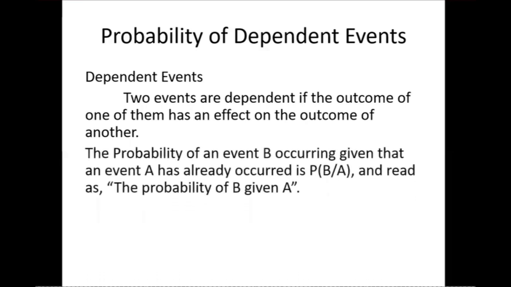The probability of an event B occurring given that an event A has already occurred is the probability of B over A, read as the probability of B given A. So this notation is read as the probability of B given A. So if we're looking for the probability of A and B with dependent events, we have the probability of A times the probability of B given A.